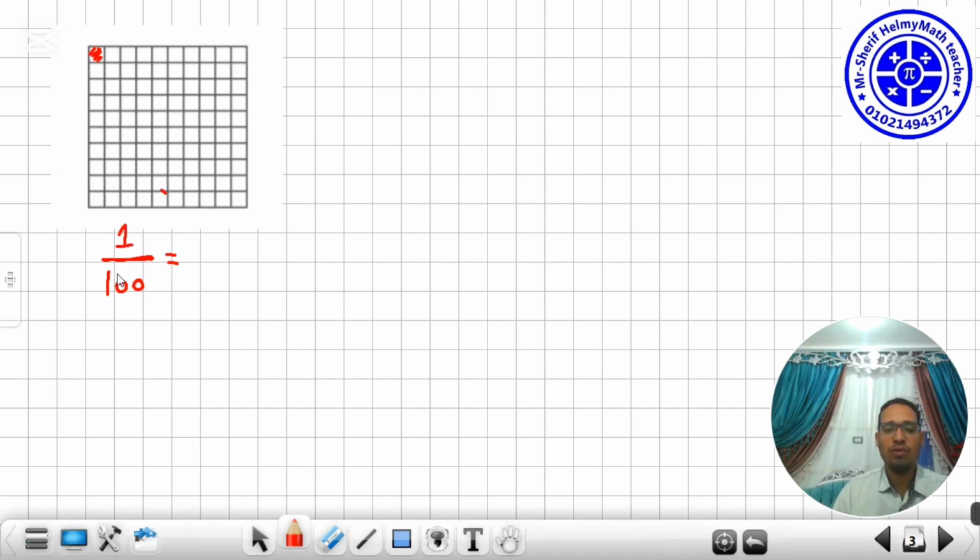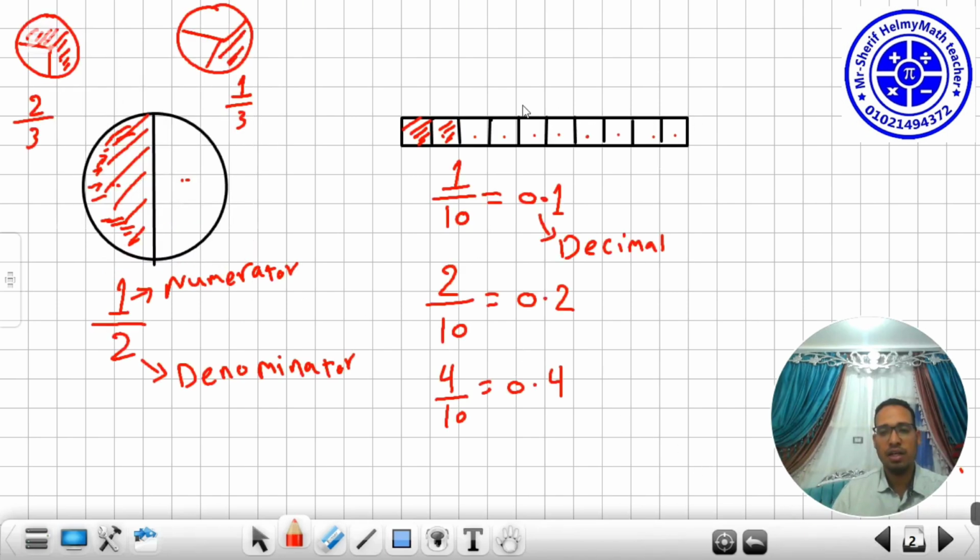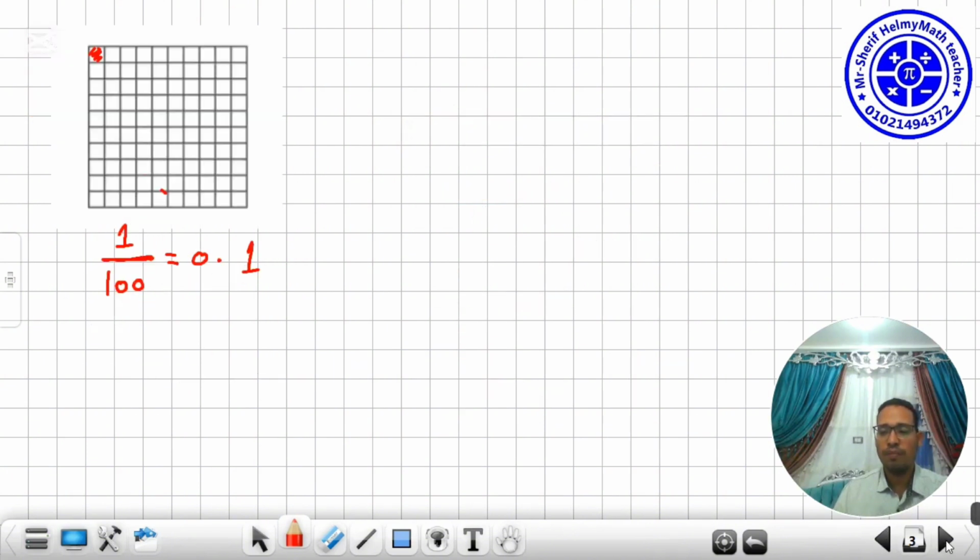Can I write 1/100 as 0.1? Of course not correct, because 0.1 is like this: 10 equal parts and you colored one part. But in this case, this is 1/100, not 1/10. So I must put here 0.01, that means 1/100 or one hundredth.